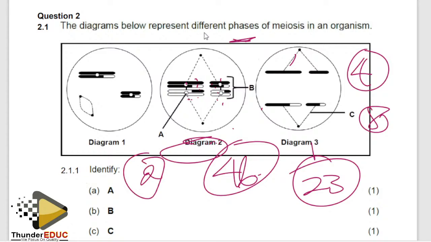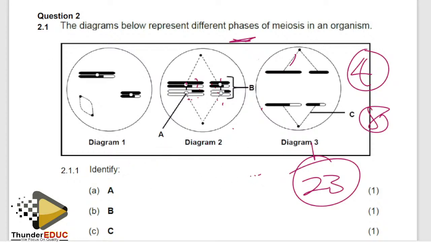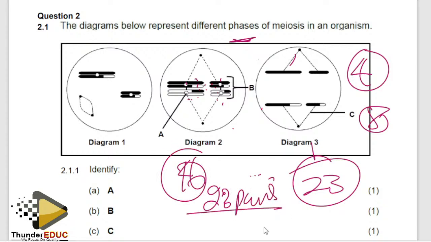Now the question comes, how many chromosomes will be found in diagram 2 if this was a human cell? Now they said if this was a human cell, because this is meiosis 1 in a human cell, there will be 46, or 23 pairs. I think I'm clear there. That is point number 1 about meiosis.